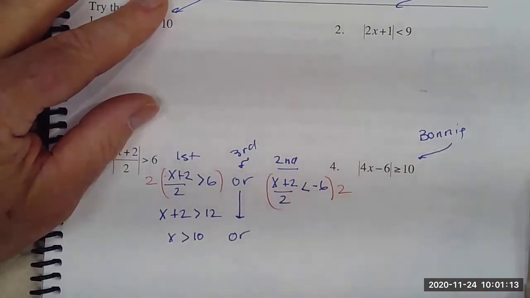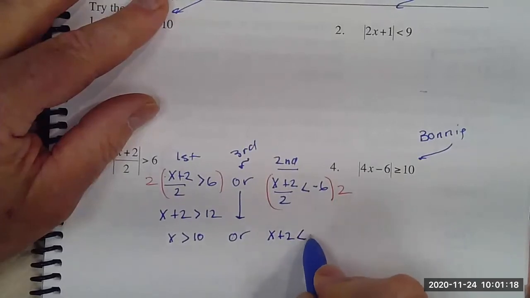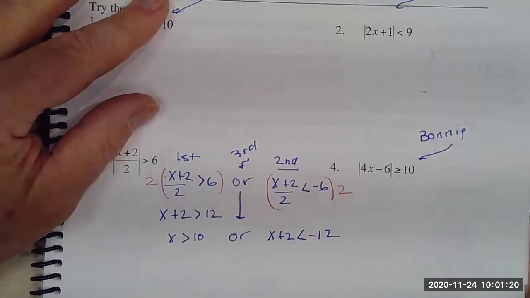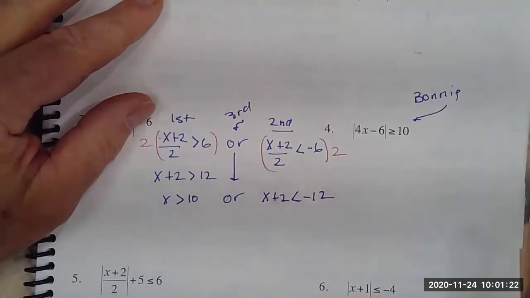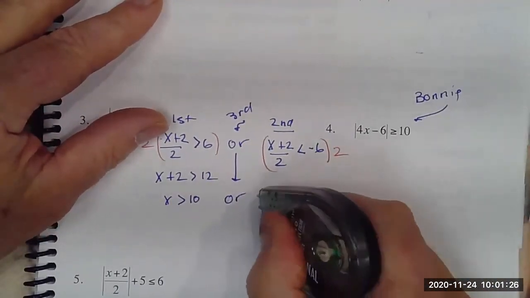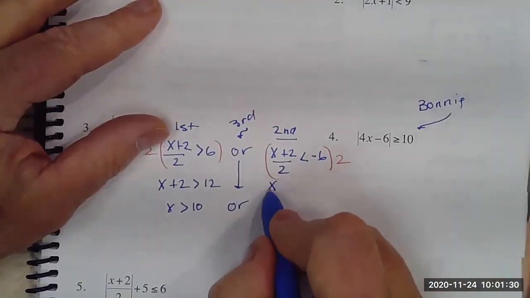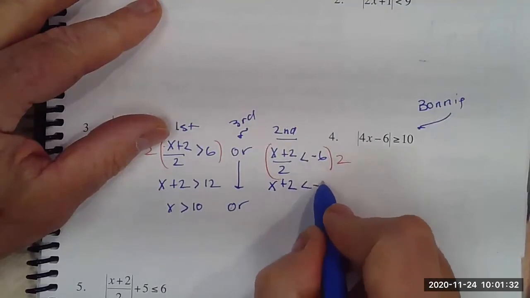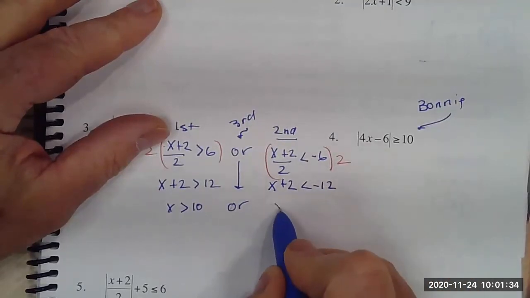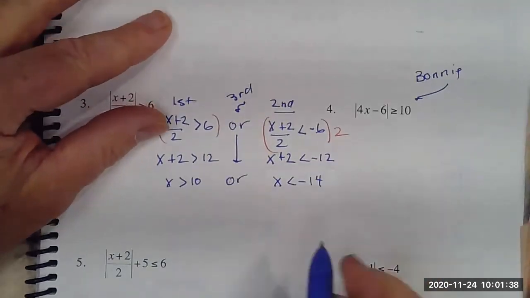Give it to everything. So again, x plus 2 less than -12. Subtract 2. x is less than -14.